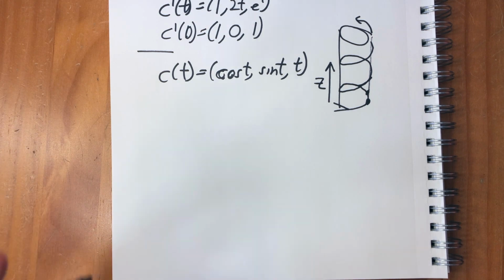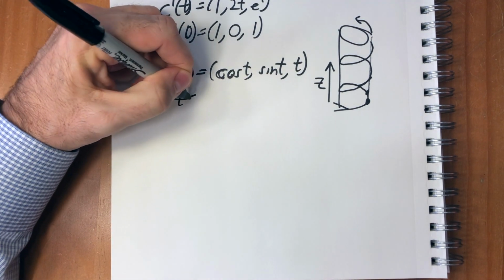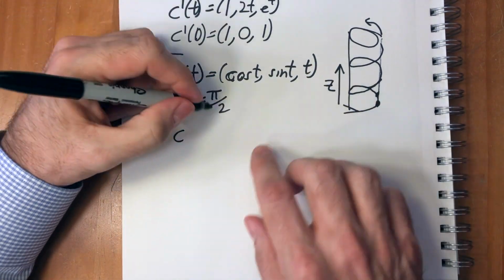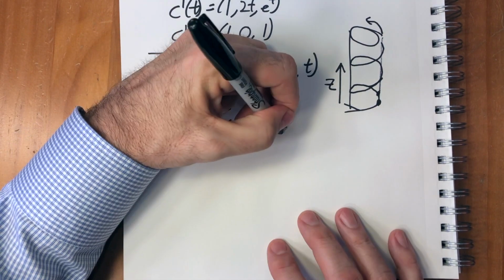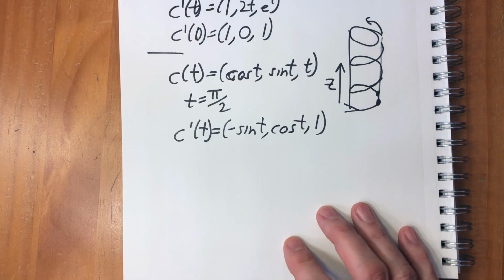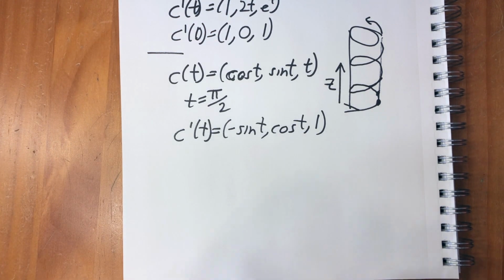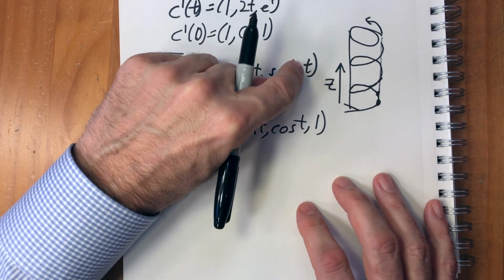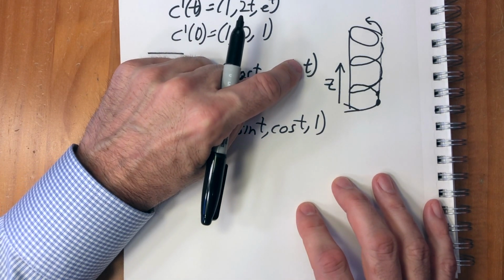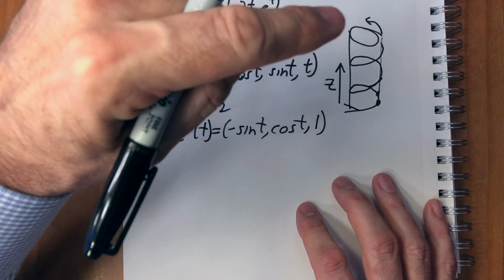Let's find the velocity vector at t equals pi over 2. Take the derivative of this. We have the velocity vector is (minus sin t, cos t, 1). This shows you that the change in z is constant; we're just slowly going up as we go around.